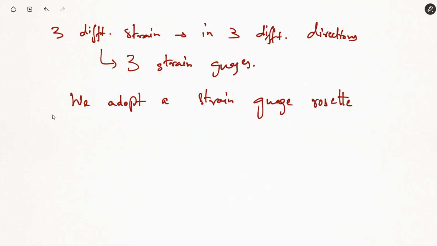So these rosettes basically involve a combination or an arrangement of wires, or also foils in some cases. An arrangement of wires and foils can be made in different ways to form a grid-like pattern, so that measurement of strain can be covered at a particular point, even if it's spread over a larger sectional area.